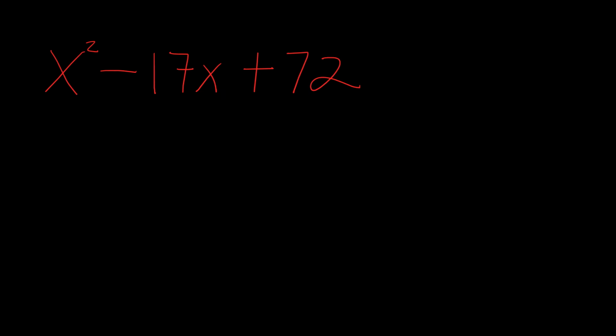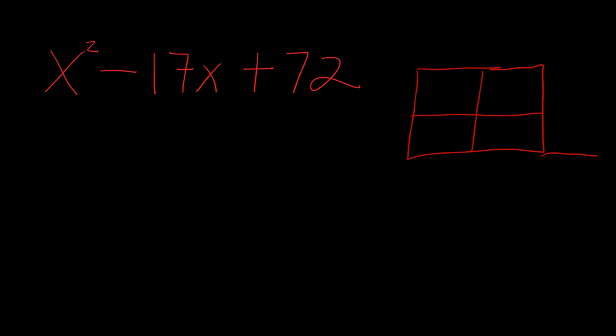Now let's say I have x squared minus 17x plus 72, and I want to factor this polynomial. Again, I'm going to use the magic box. I'm going to put my a term here, c term here, and b term down here.